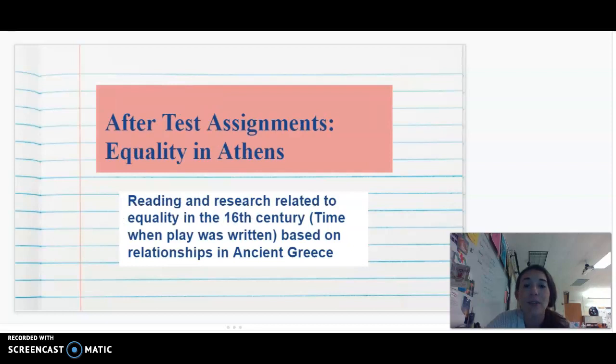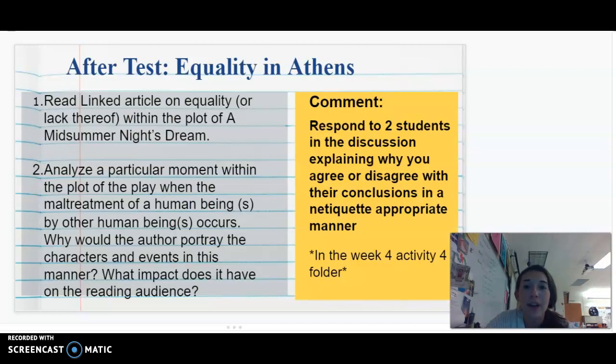Alrighty, if you have completed the test early, this just helps to support our continuation of the story and play that we are working on. So these are the assignments that follow. After you have completed your test, we are working on Equality in Athens, which is a short article that you will read and then analyze a particular moment within the plot of the play when the maltreatment of a human being or beings by other human being or beings occurs.